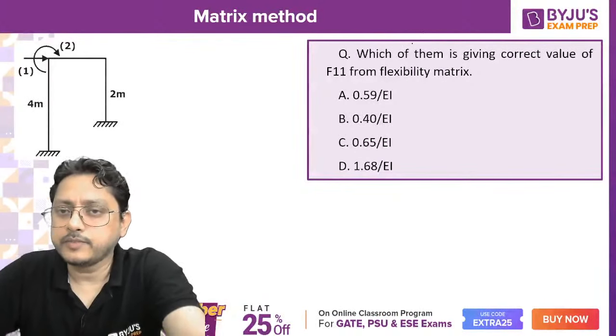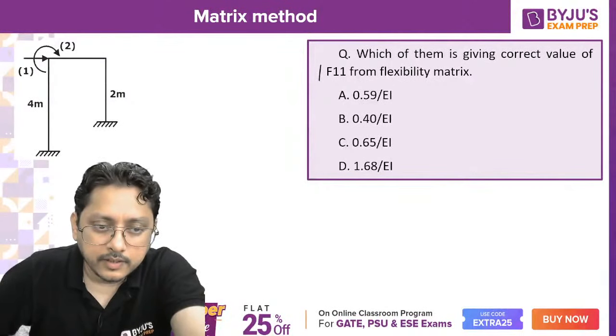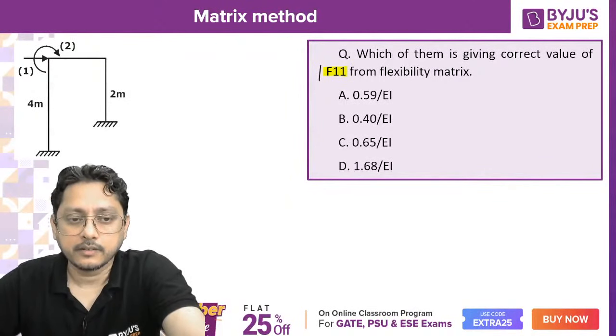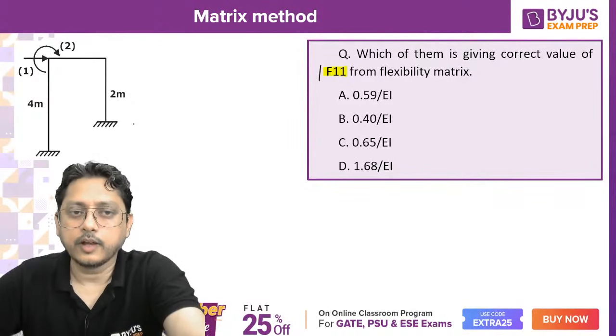Which of them is giving the correct value of F11 from the flexibility matrix? Can you calculate?